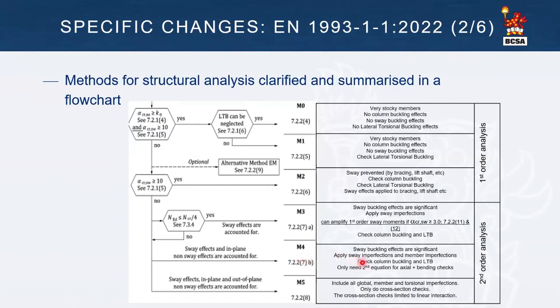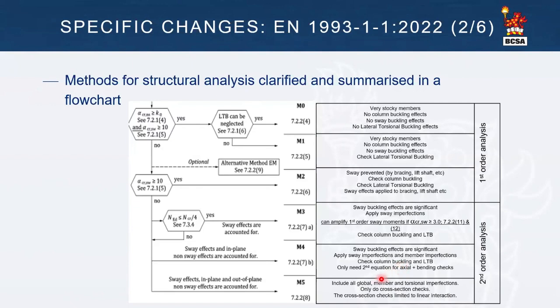You will have to check column buckling and lateral torsional buckling, but when you check the M-N interaction, so bending and axial load, you'll only need to satisfy the second equation from the pair of equations for the interaction, which is the one that only considers minor axis buckling of the column in addition to the bending moments.